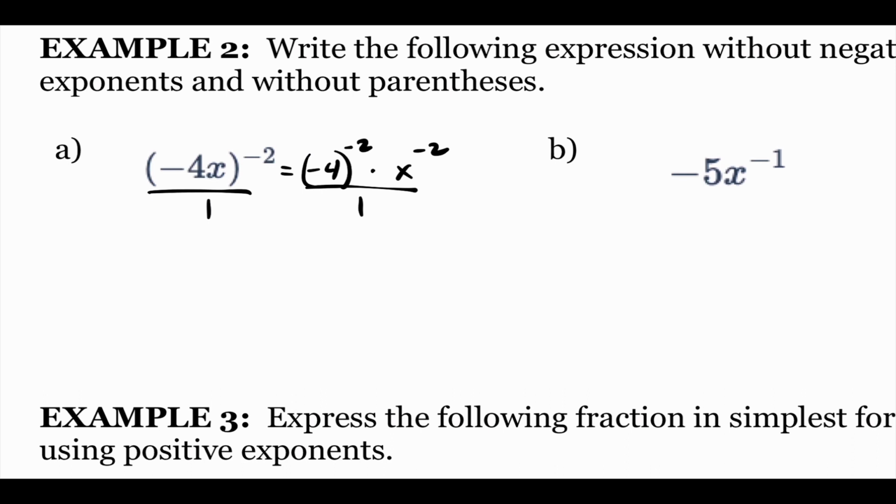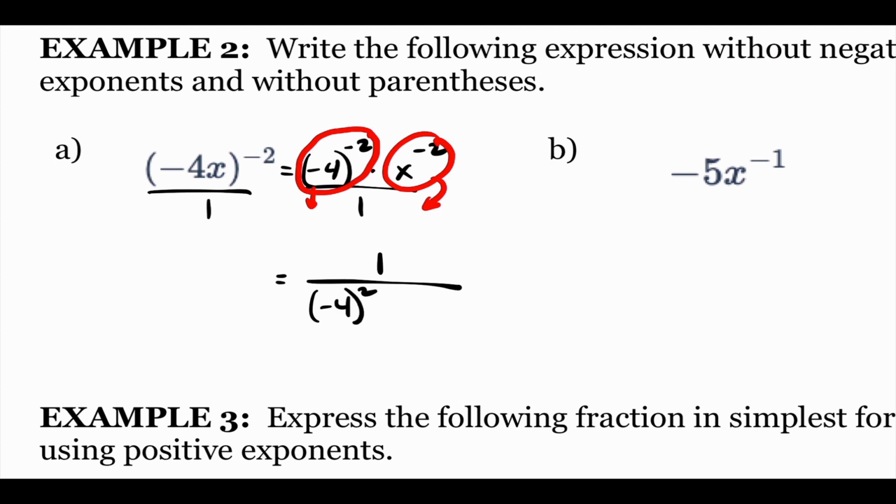So negative exponents, move this guy to the bottom, move this guy to the bottom. There's only a 1 left on top. On bottom, I get -4 becomes a +2, and x to the +2 because I moved them.